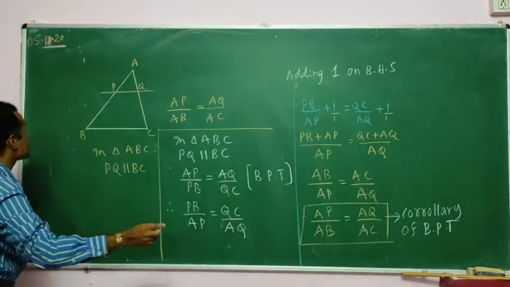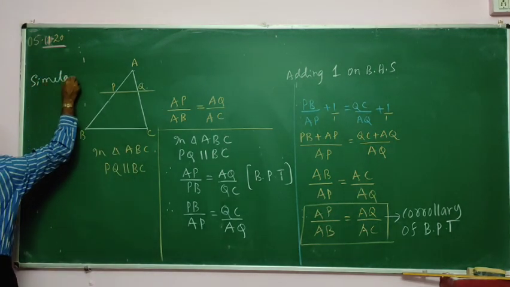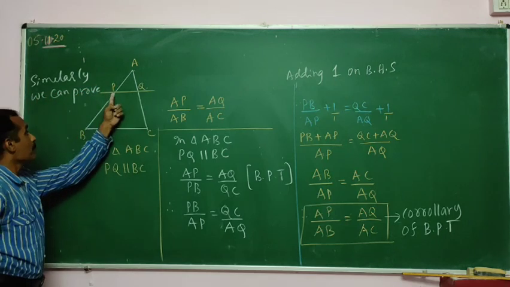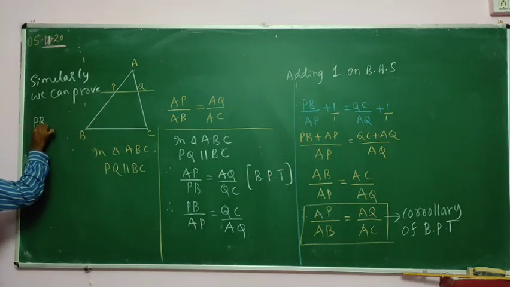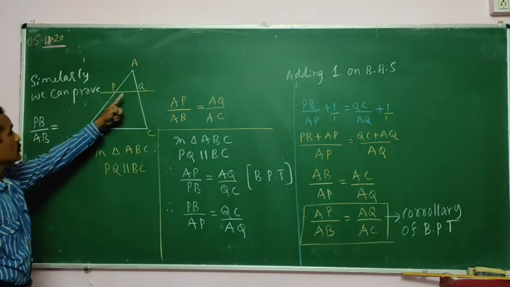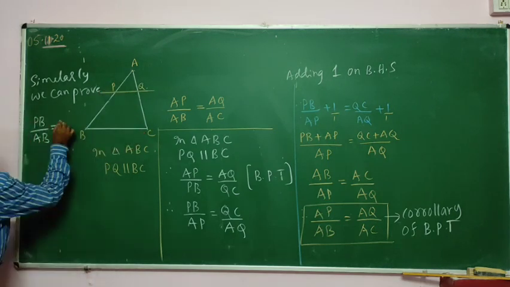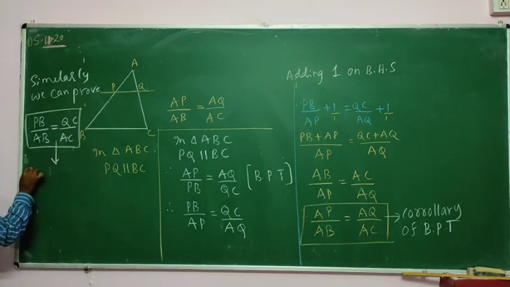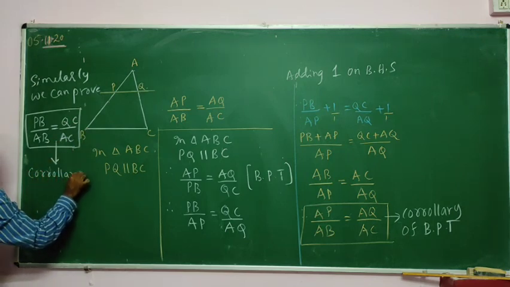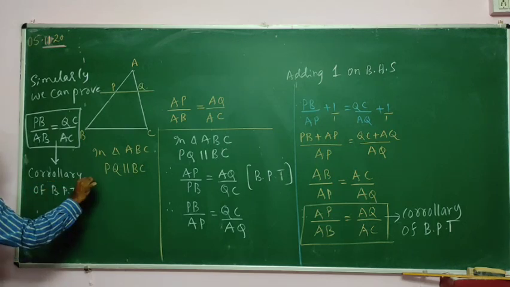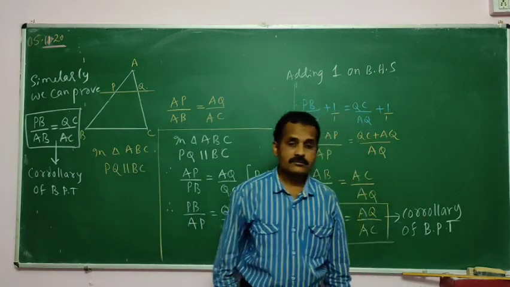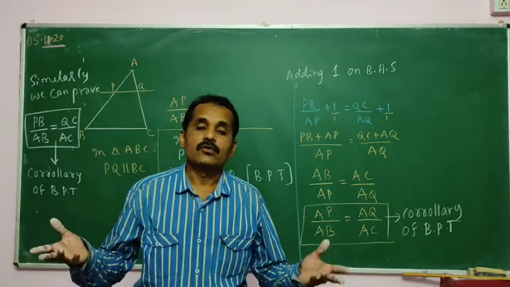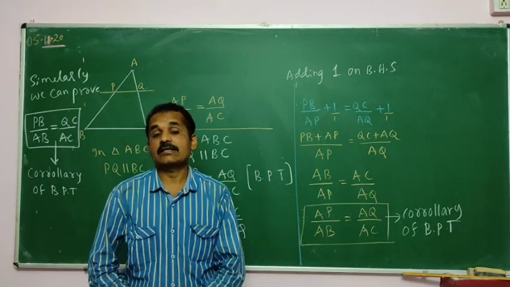You can write it like this also. Similarly we can prove PB divided by AB is equal to QC divided by AC. This is also called a corollary of the basic proportionality theorem. So we have two corollaries and one basic proportionality theorem, from which we can write whichever proportionality we like.